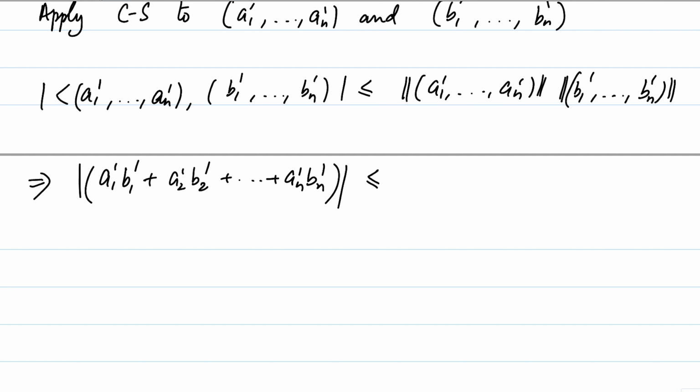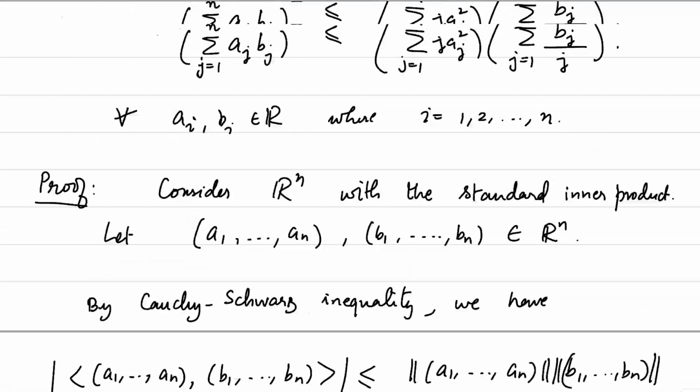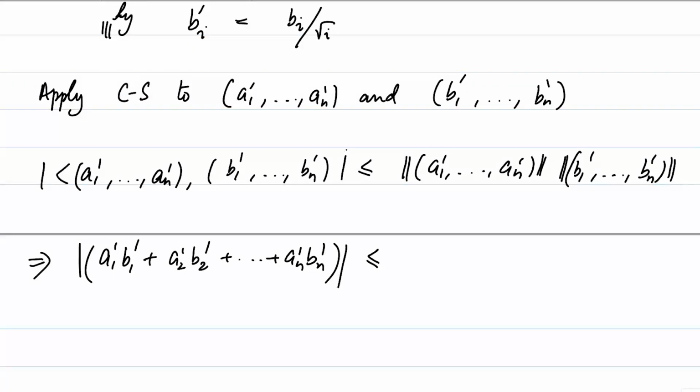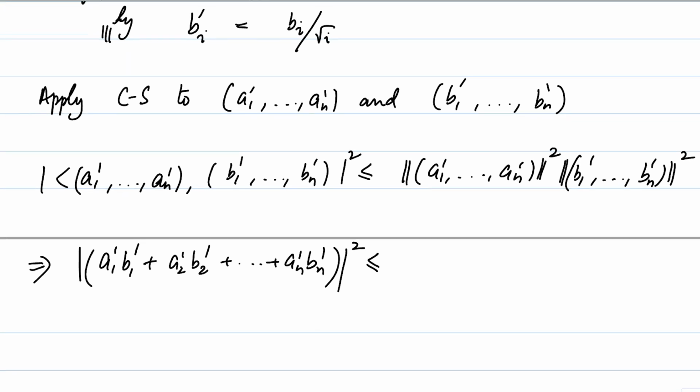What we have to show is that this square is less than or equal to this. So in particular, this square is also less than or equal, since all these are positive quantities. So Cauchy-Schwarz will in particular give us this. So the left hand side, this square, will be equal to, what will be the length of a1 prime, a2 prime up to an prime with respect to this inner product.